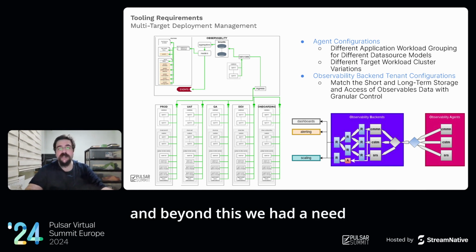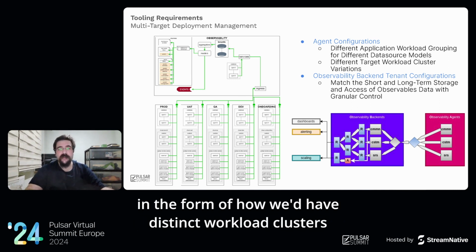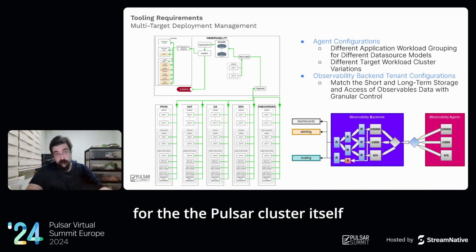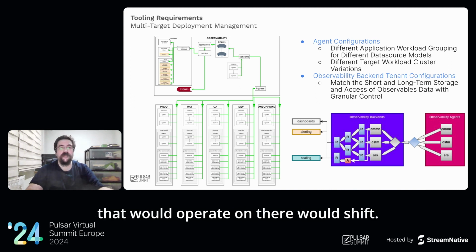And beyond this, we had a need for maintaining our different deployment profiles, in the form of distinct workload clusters where the agent setups we've had, not only for the Pulsar cluster itself but for specific microservices that would operate there, would shift.